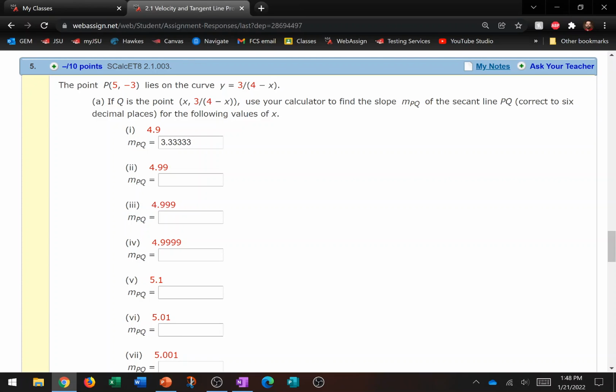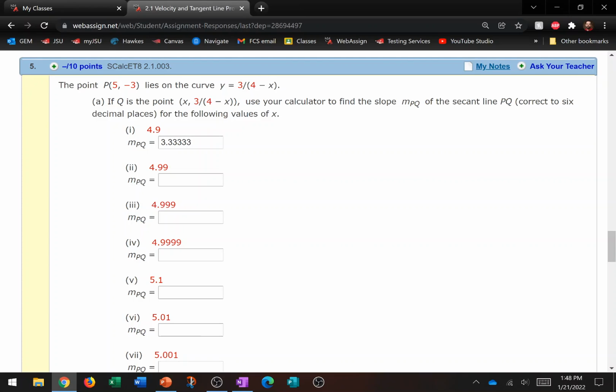So, this was one of the more tedious ones. Sorry, a lot of the problems in this assignment are kind of tedious. In this section, when we're doing the numerical estimates of limits, they get kind of rough sometimes.